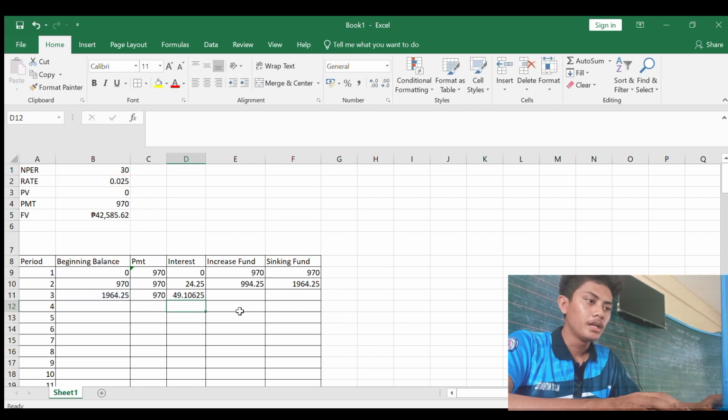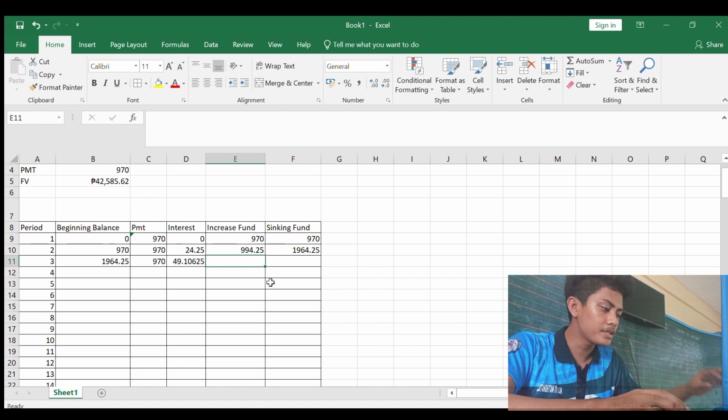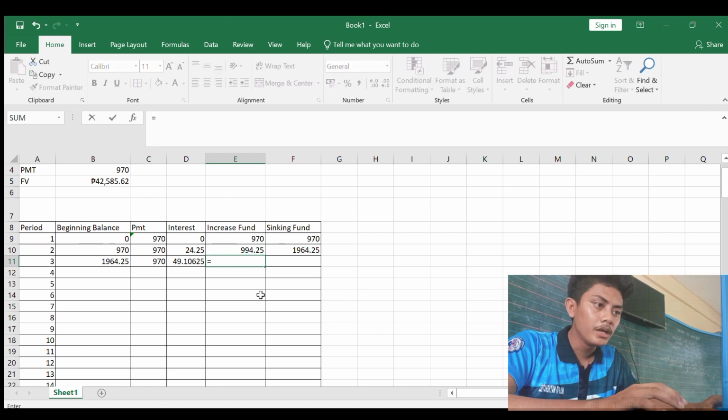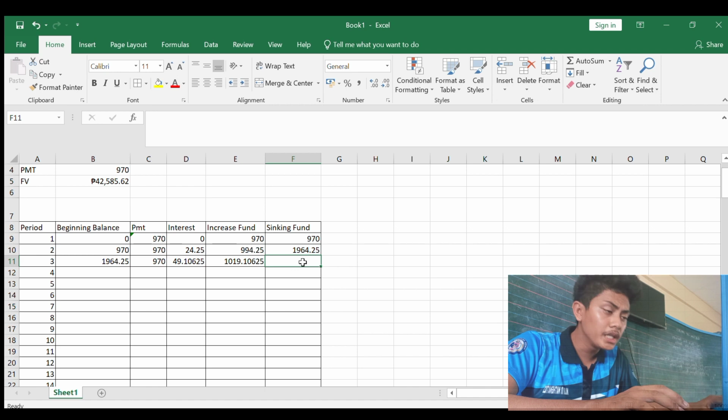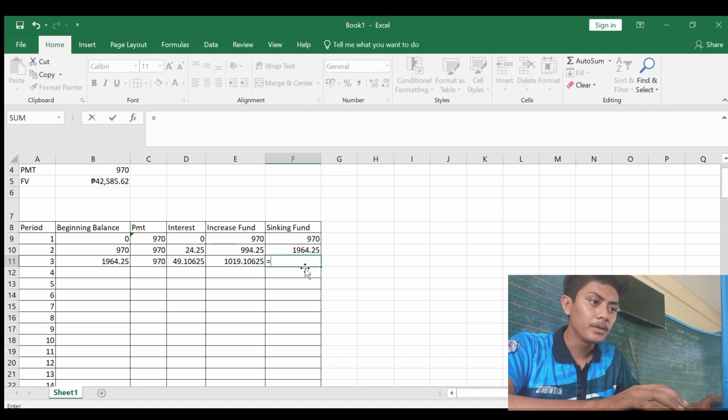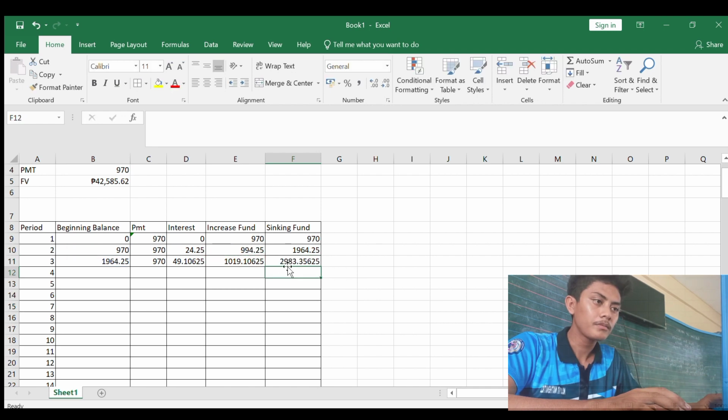Then enter. So our increased fund now is equal to PMT plus the interest. Then enter. Then our sinking fund now is equal to the beginning balance of the third period plus the increased fund. Then enter.